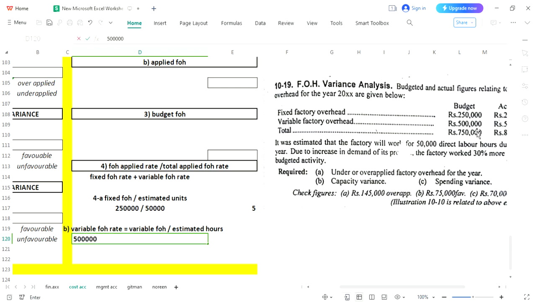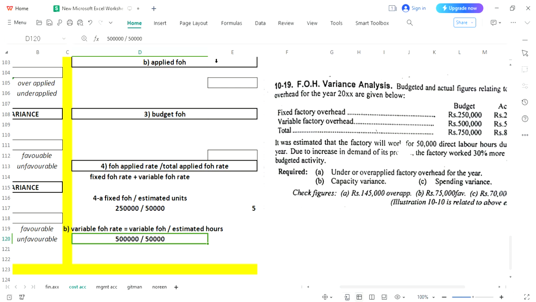So putting 5 lakh over here. Now please focus upon the formula. You need to divide it by what? Estimated hours, and we have already decided estimated factory overhead hours are 50,000. So you will be dividing it by 50,000. So here your mathematical statement for variable FH is completed.